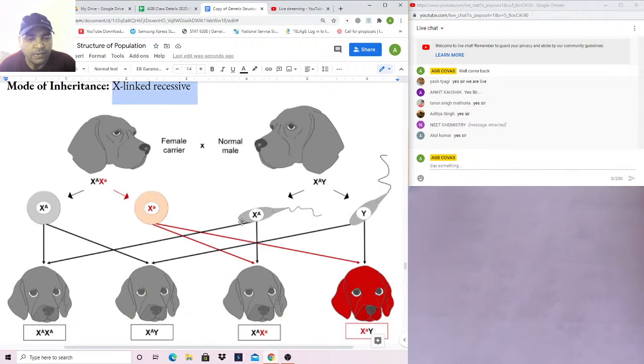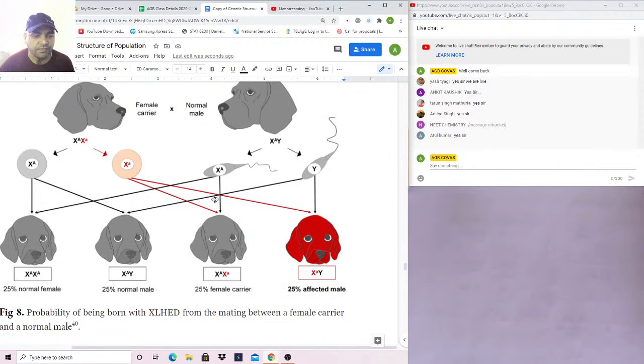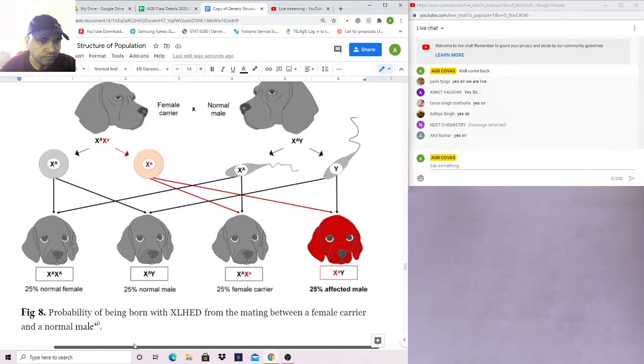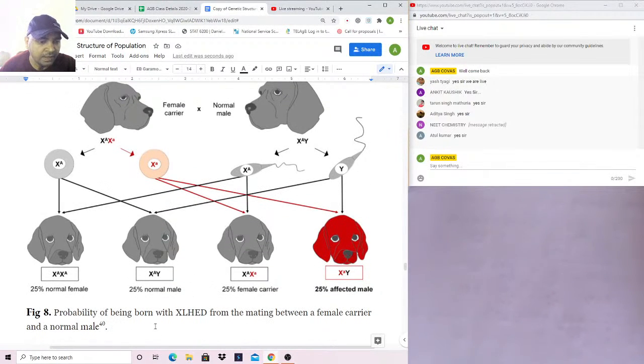So say for example, how it is being governed is that I will just reduce this. This is the probability of being born with XLHD from the mating between a female carrier and a normal male. Say for example, it is the female carrier, and this particular allele is responsible for XLHD.